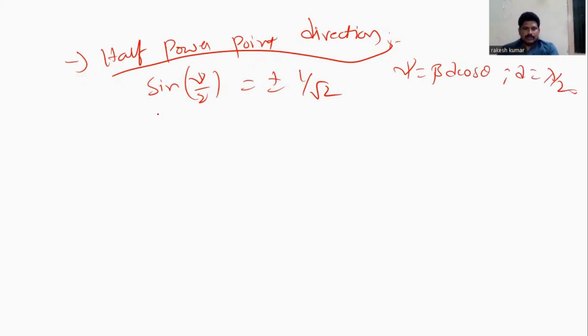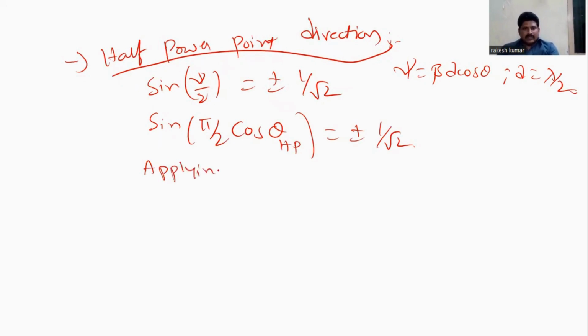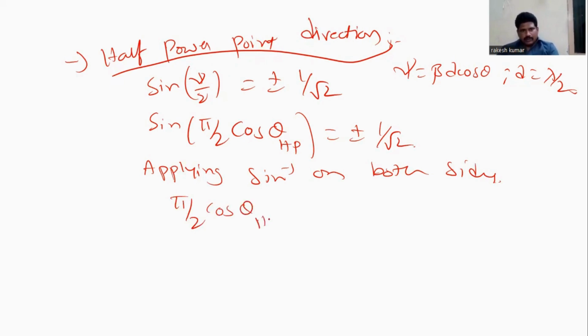Substituting this, sine of pi by 2 cos theta at the half power point is equal to plus or minus 1 by root 2. Applying sine inverse on both sides, we get pi by 2 cos theta is equal to plus or minus (2n plus 1) pi by 4. Pi will get cancelled.